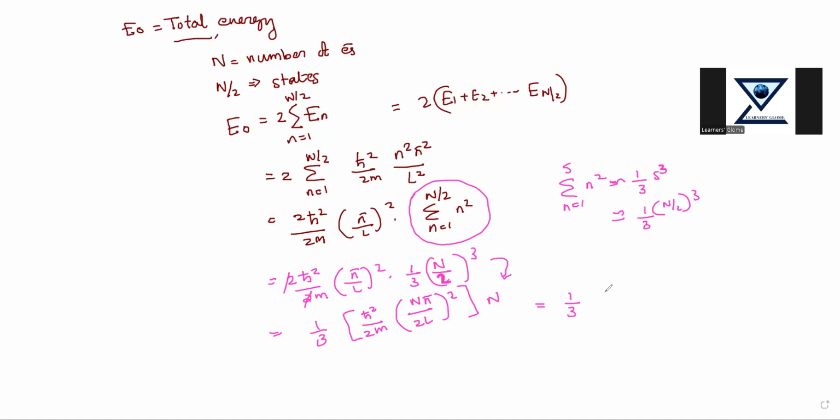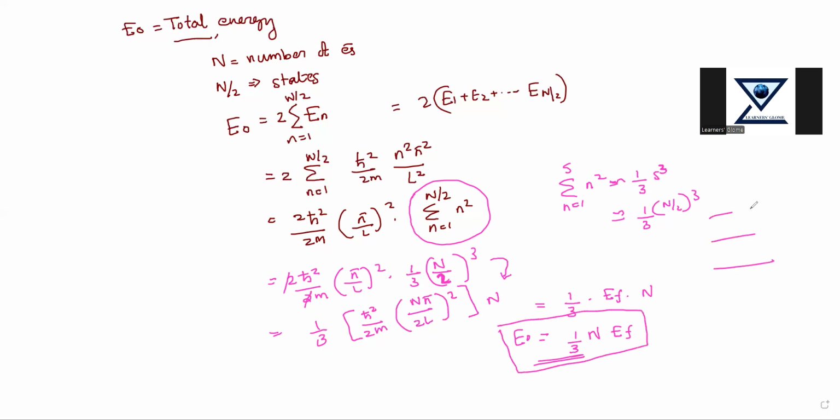So that is equal to 1 by 3 into EF into capital N, or we can write it as 1 by 3 N into EF. That is E0. So if EF is the Fermi energy, the total energy is equal to 1 by 3 into the total number of electrons into the energy of the Fermi level.